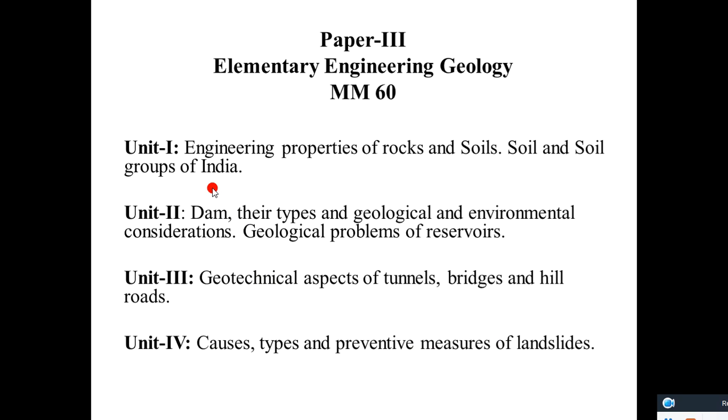You have seen many times while coming towards Pithoragarh that the road usually gets blocked due to various mass wastings, and one of them is landslide. We will understand the geological factors that should be considered while constructing engineering structures and the preventive measures which can be taken to get rid of landslides.